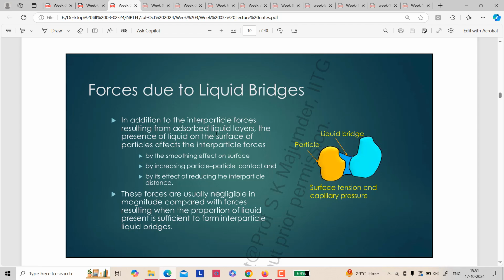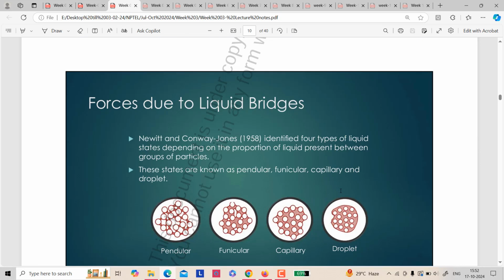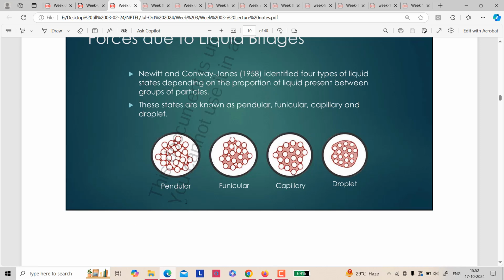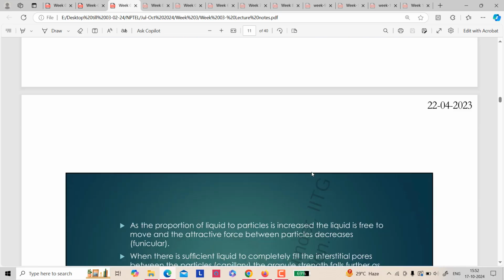These forces are usually negligible in magnitude compared with forces resulting when the proportion of liquid present is sufficient to form interparticle liquid bridges. So this is how interparticle liquid bridges are formed. Then come the forces due to liquid bridges among themselves. Okay, so these are the different types of forms they are creating.